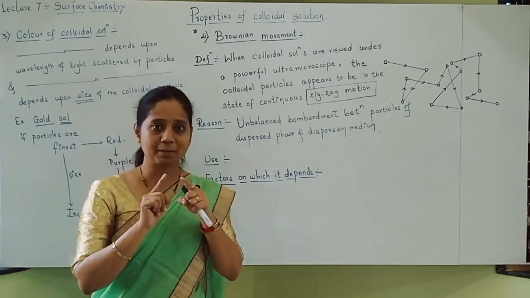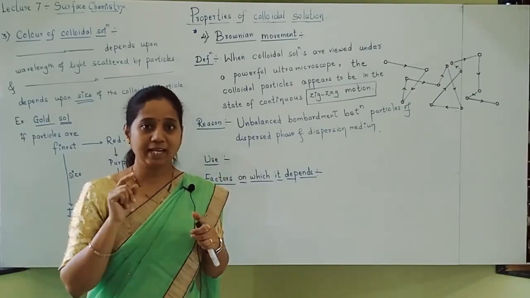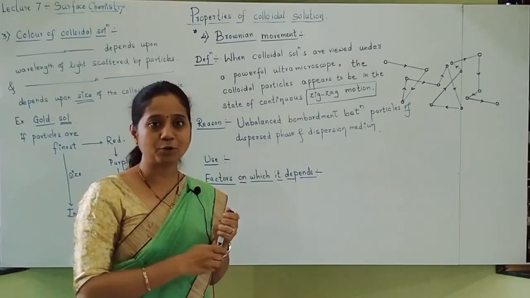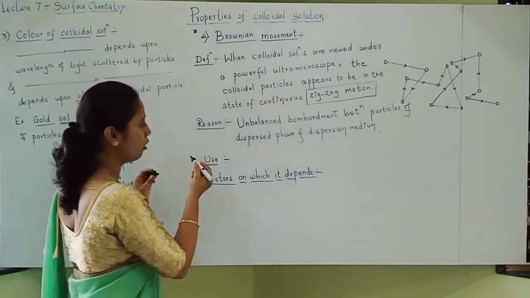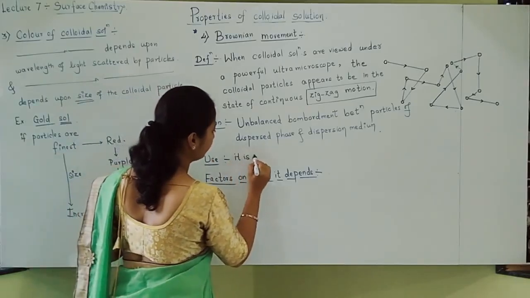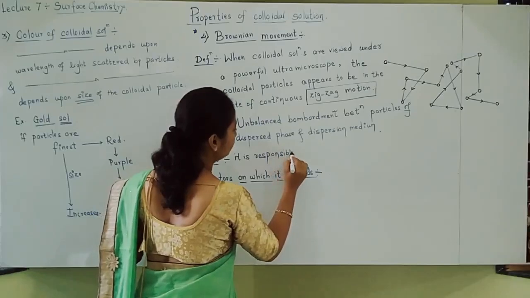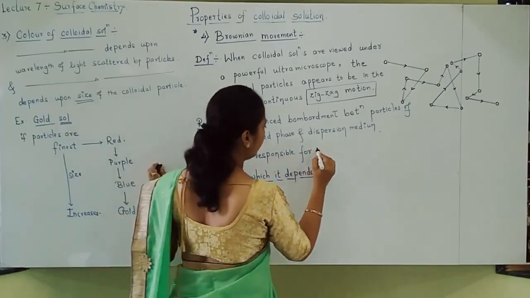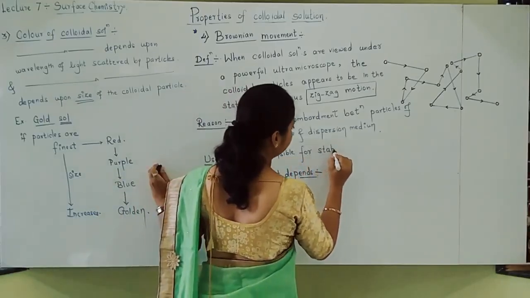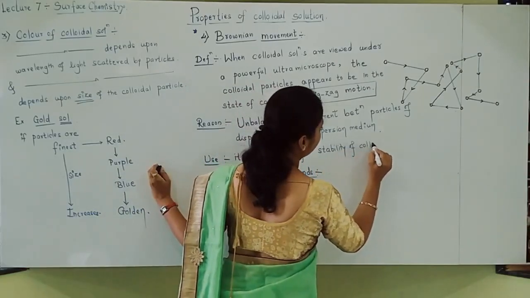Due to this bombardment, they are not settling down, they are not coagulating, and that's why the most important use of Brownian movement, we can write, is that it is responsible for the stability of the colloidal solution.